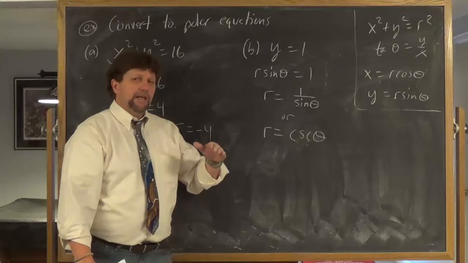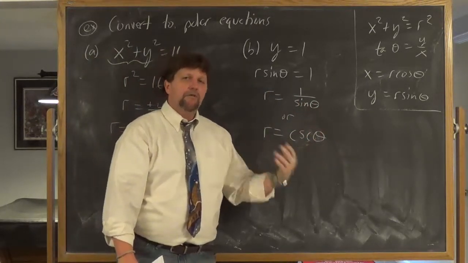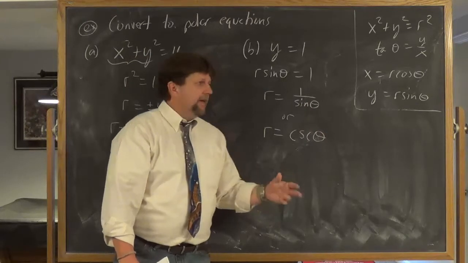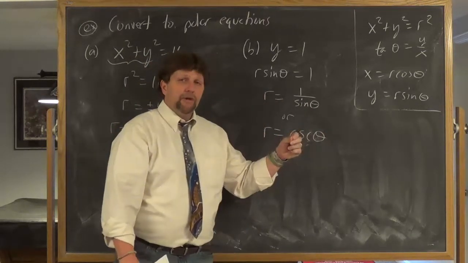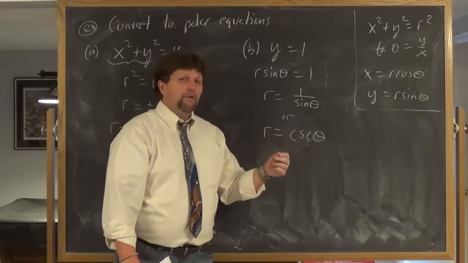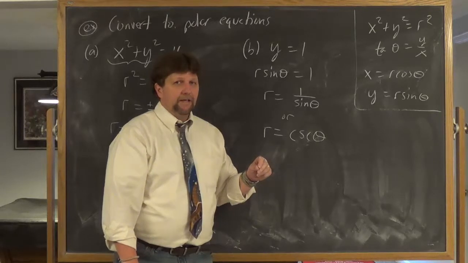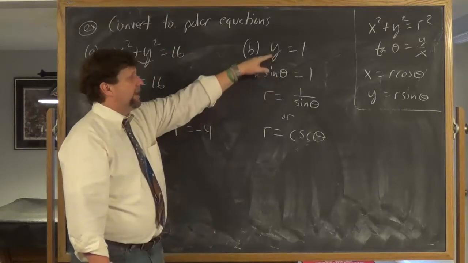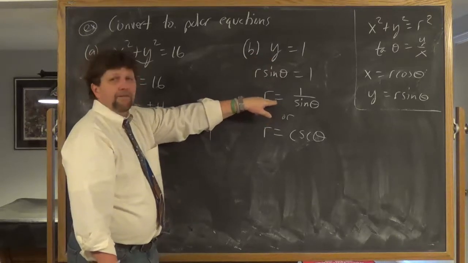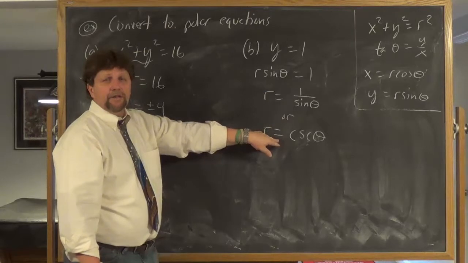I'm setting the foundation for what you're going to do in the next section when you start graphing polar equations. It's nice to get it into the r equals form if at all possible, because once I have it in the r equals form, it's going to be easy to graph because I have a graphing calculator. But for this one, y equals 1, substitute r sine theta for y, and you could either have this as a polar equation or this is the polar equation.